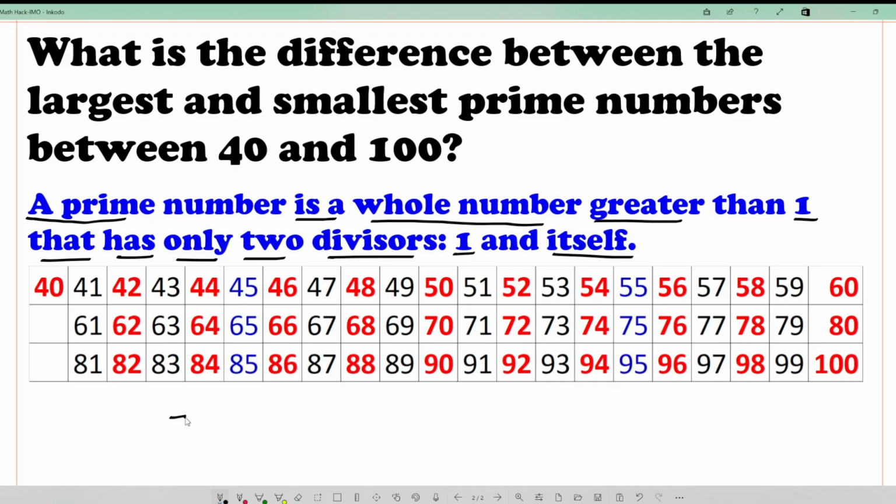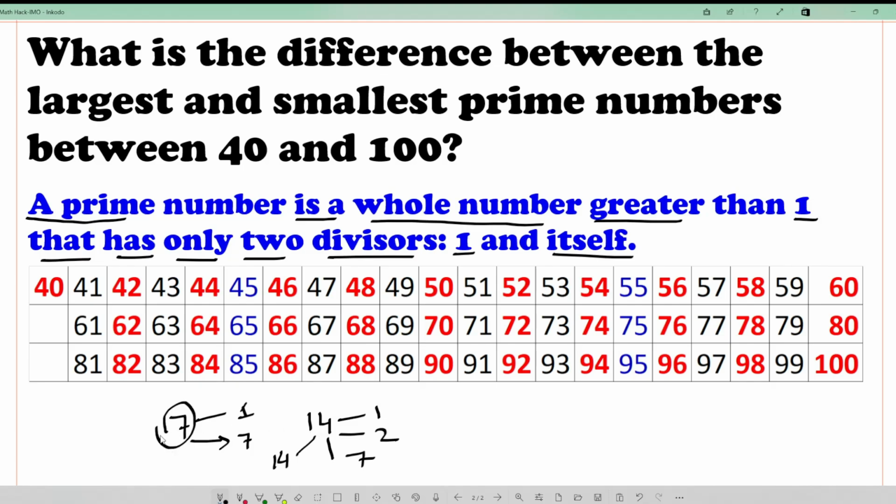Suppose 7. This 7 we can divide by 1 or itself, 7. But look, 14. We can divide by 1, by 2, by 7, and also by 14. Therefore, 14 is not a prime number, but 7 is a prime number.